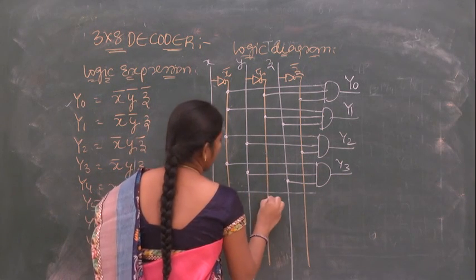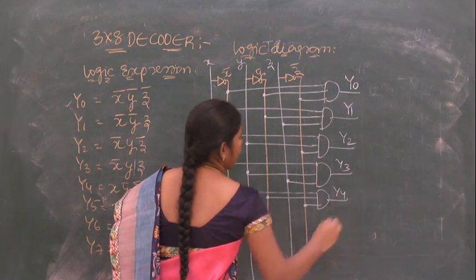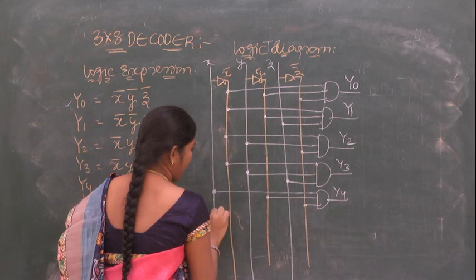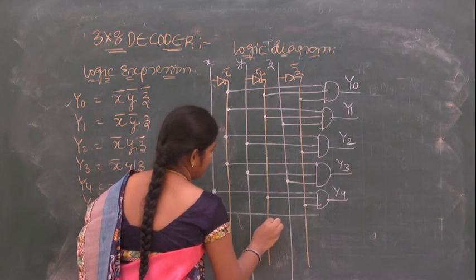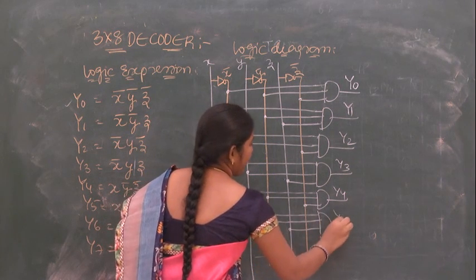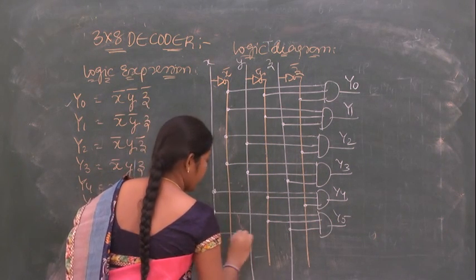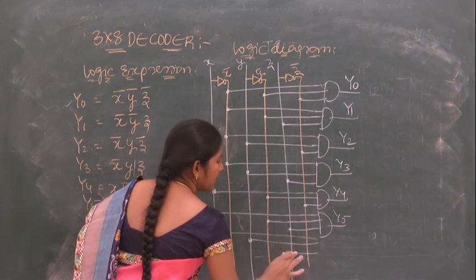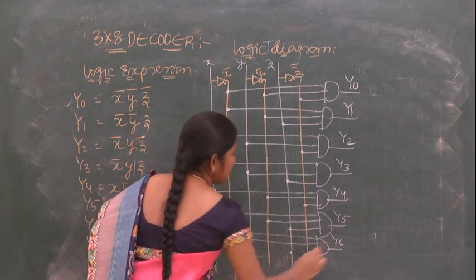Y4 is X, Y bar, Z bar, Y4. Y5 is X, Y bar and Z, Y5. Y6 is X, Y, Z bar, which is nothing but Y6.